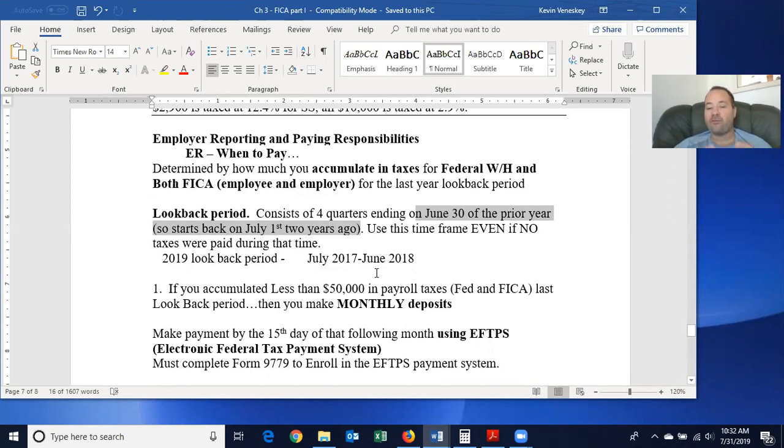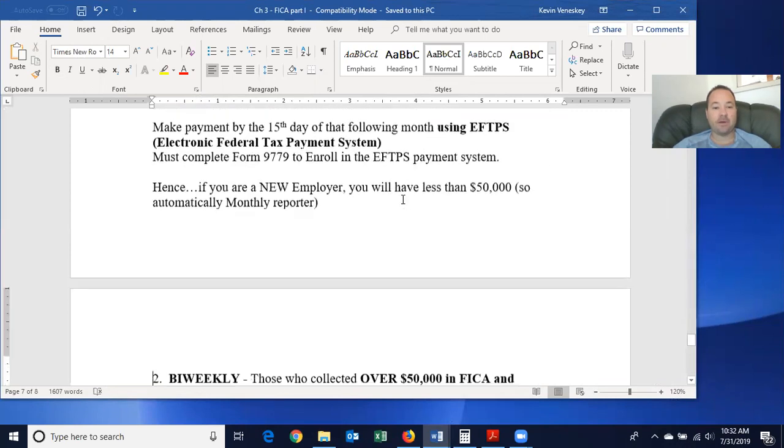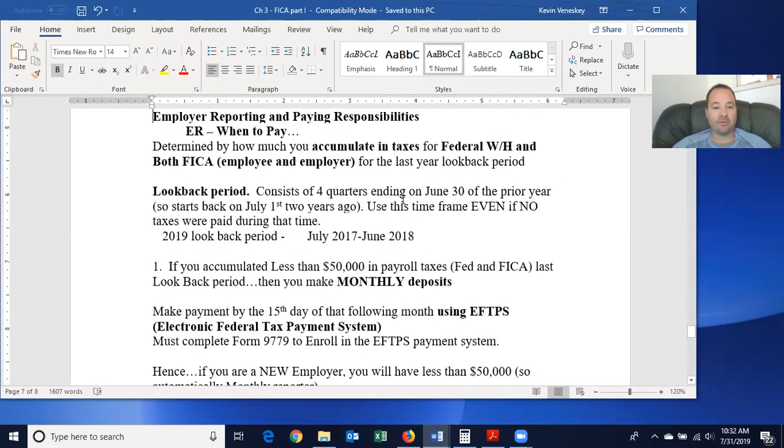And then however much taxes you had paid during that time, or should have paid more realistically, doesn't matter if you paid it or not, it's what did you have due. That's going to determine how often you have to pay your taxes. All right, so the amounts here start.